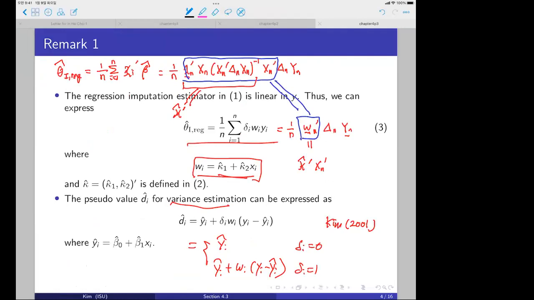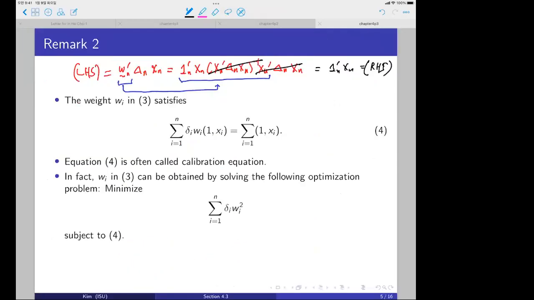But because the prediction is linear in Y, at the end of the day we can write it as a weighted average of the observations. And then we are curious what this weight is doing, what kind of property this weight satisfies. It turns out that this weight satisfies the calibration equation.